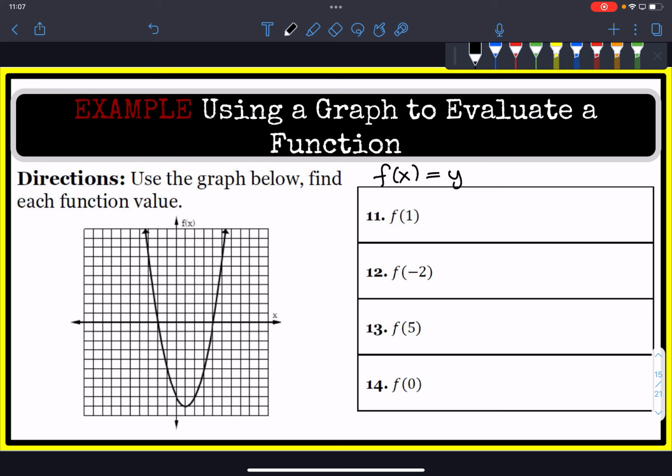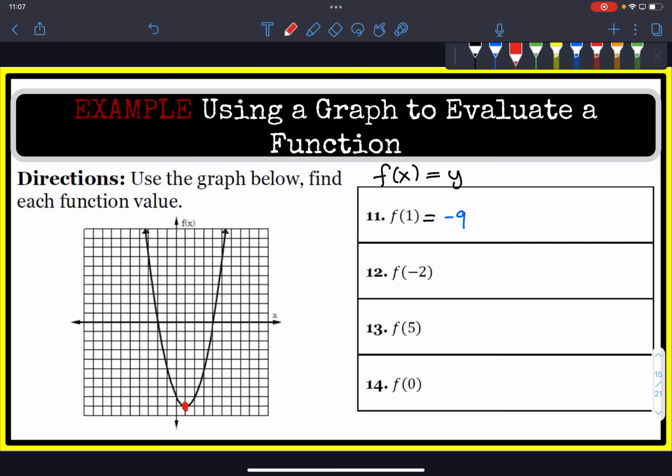So if I want to know what f of 1 is equal to, I'm going to look at where x is equal to 1, and I see that the graph, which is again this parabola here, has a y value at negative 9. 1, 2, 3, 4, 5, 6, 7, 8, 9. Yeah, negative 9. So my answer is negative 9.